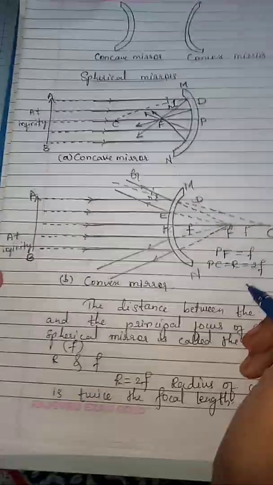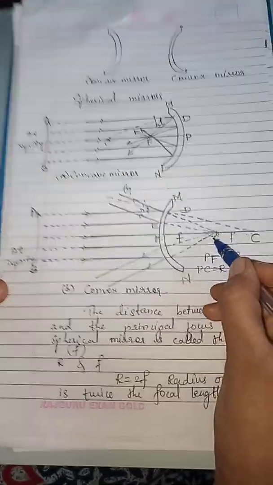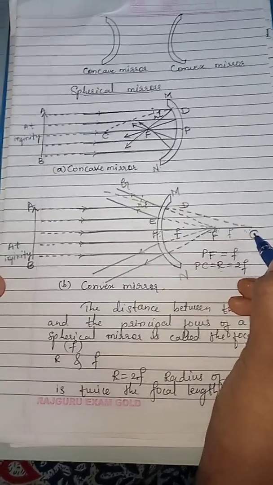This implies that the principal focus of a spherical mirror lies midway between the pole and the center of curvature.